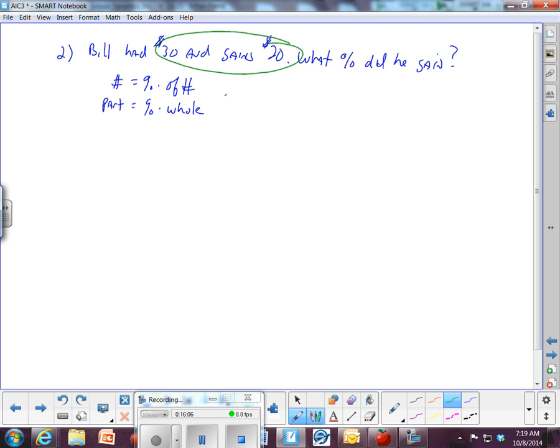Well, the whole is going to be this 30 plus the 20, right? He gains 20. He now has 50. Really what this question is asking is 30 is what percent of 50?